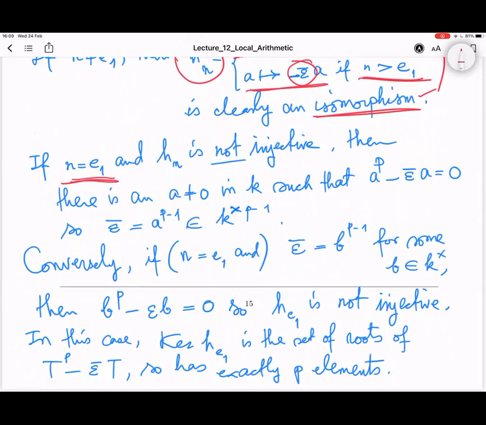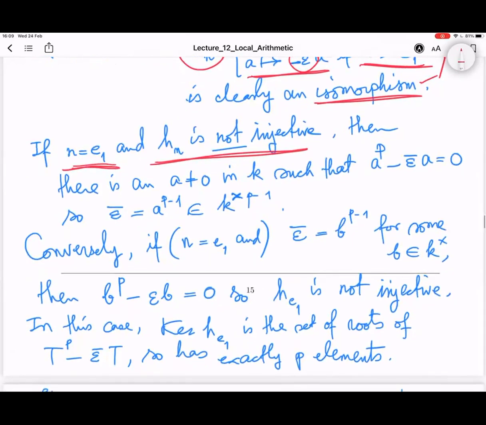Now suppose that n is equal to e1 and that Hn is not injective. So if it's not an isomorphism, let's look at what happens if Hn is not injective.